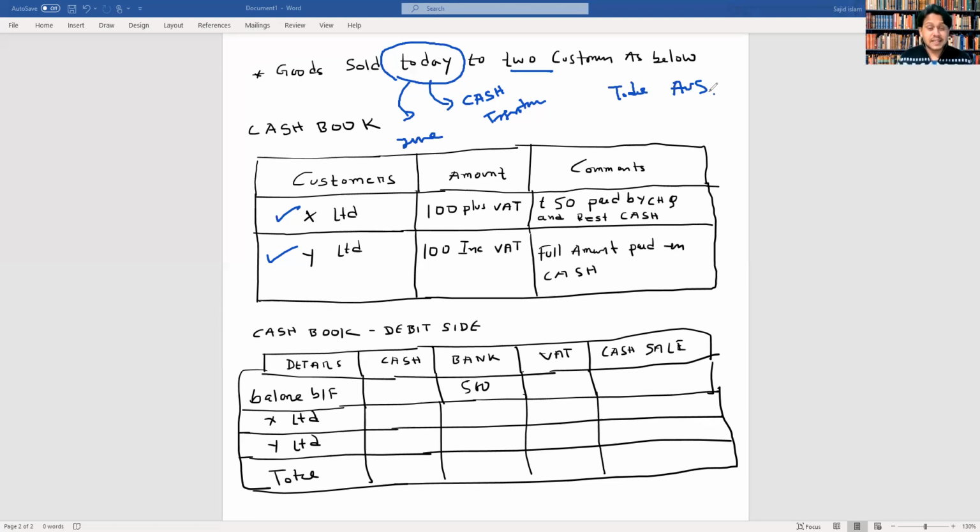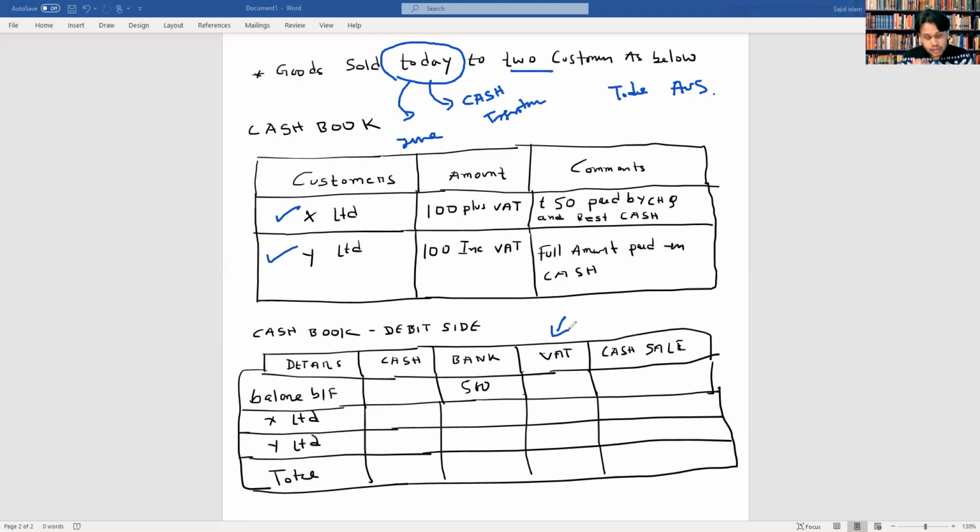That means this is a credit transaction. And if there is a credit transaction, we're not going to split the VAT here. The reason is when we make the credit sale to the customer, we already split the VAT and give it to HMRC. Now, when the customer pays me after a few months, I'm not going to pay the VAT again. That's the reason I'm not going to split the VAT.